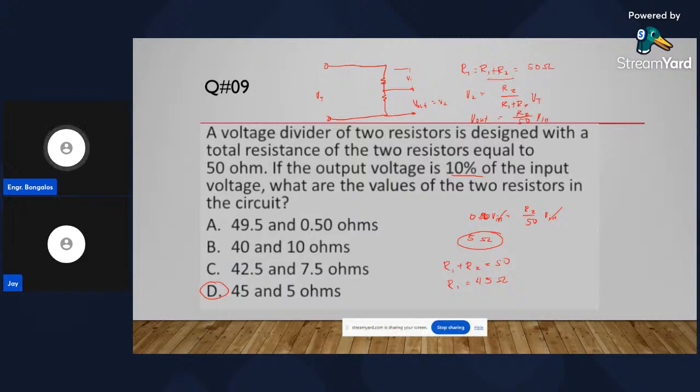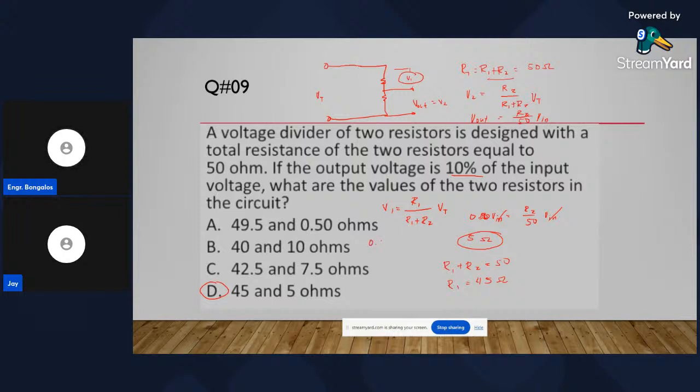So, pwede naman din, kunin natin yung V1. Yun yung magiging output. So, same lang din naman. So, V1 is equal to, instead na R2 na sa taas, R1 na siya. R1 over R1 plus R2 times V total.